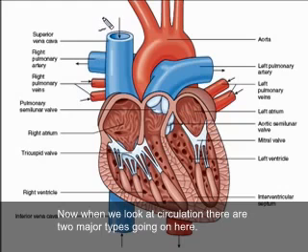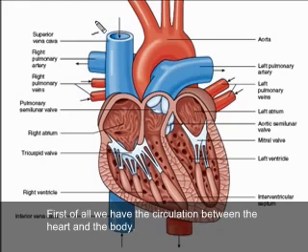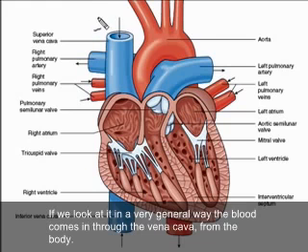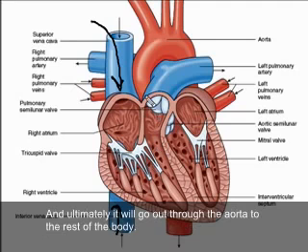Now when we look at circulation, there are two major types going on here. First of all, we have the circulation between the heart and the body. If we look at it in a very general way, the blood comes in through the vena cava from the body, and then ultimately it will go out through the aorta to the rest of the body.